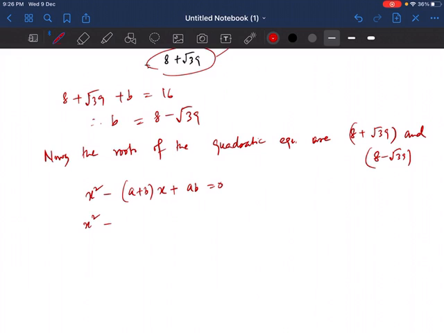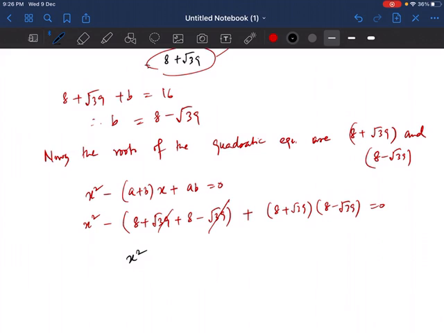So x square minus (a plus b)x plus ab. A is 8 plus root 39. Take any one of them as a, there is no harm in it. 8 minus root 39 plus ab, 8 plus root 39 times 8 minus root 39 is equal to 0. So root 39 goes out.